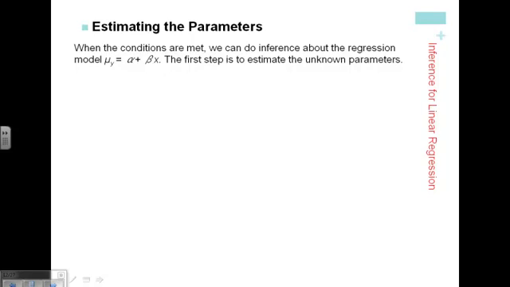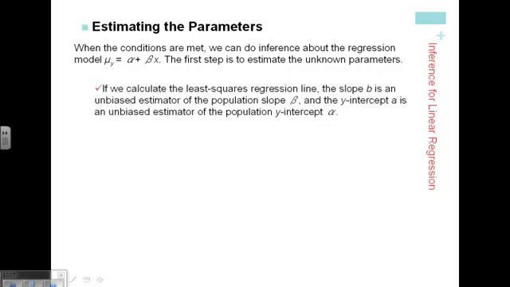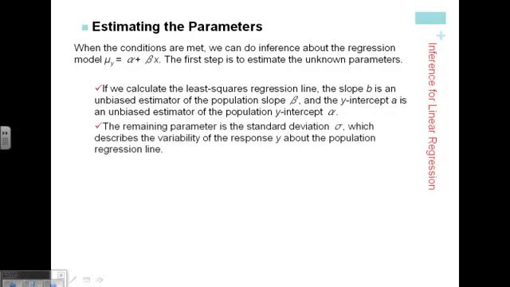The true slope is what we would get if we did a regression with all the data from a population. So alpha and beta are unknown parameters. If we calculate the slope B, it is an unbiased estimator of the population slope beta. A is an unbiased estimator of the population vertical intercept alpha.